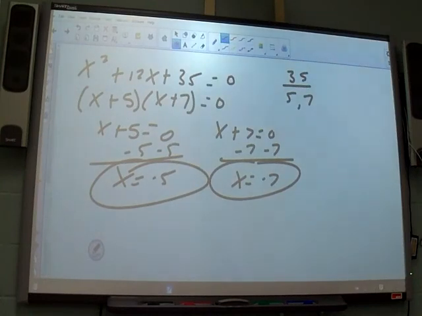Anybody do the quadratic formula and not get that? You need me to help you find where your mistake is? What'd you get, Graham? I got x equals -2 and x equals -4. Uh-oh.